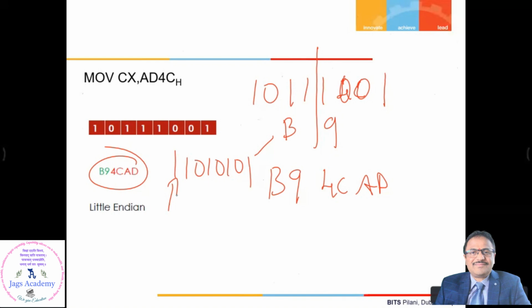In some standards, this can be more significant and this can be least significant. So we are using little endian, and some microprocessors may use big endian. In little endian format, your lower byte will come first and the upper byte will come next. Now let us see one more example.